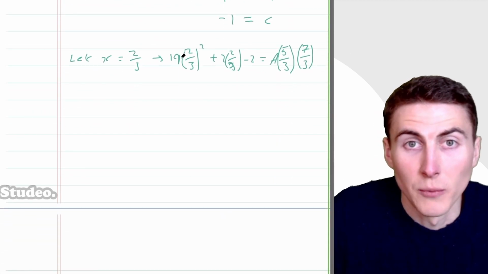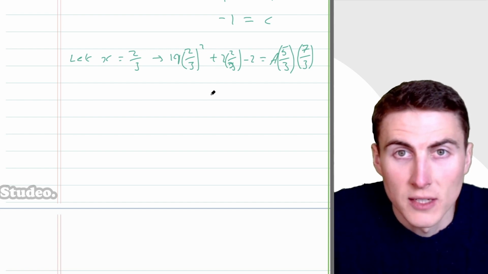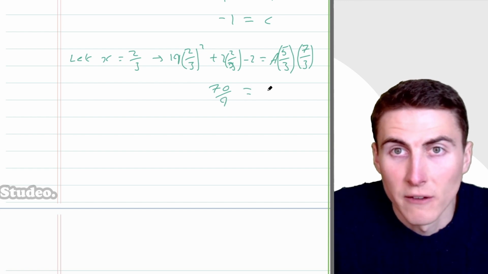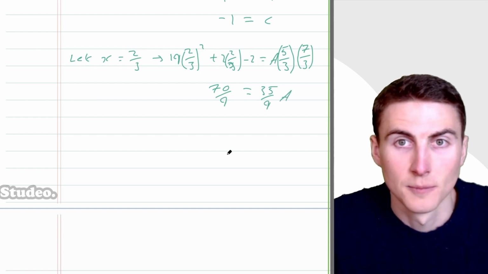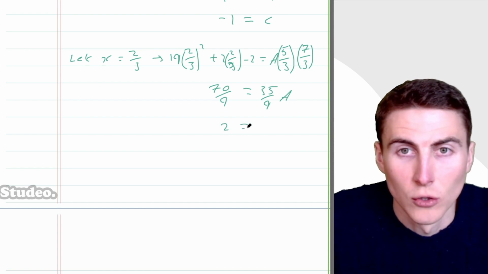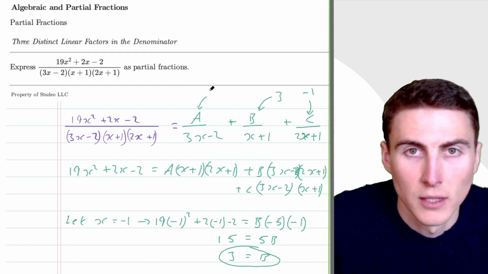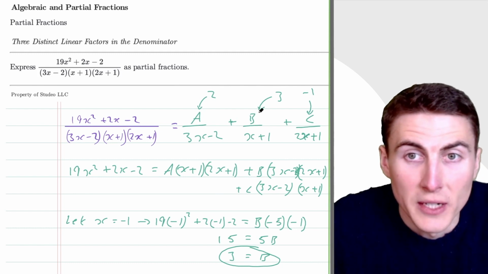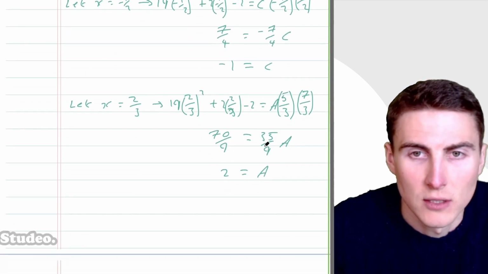So then we can just simplify this. This stuff on the left-hand side all simplifies down to 70 over 9. This stuff on the right is 35 over 9a. And so we divide both sides by this 35 over 9, and that tells us that 2 equals a. Yeah, so this a up here is 2. So now that we know that a is 2, b is 3, and c is minus 1, we can just plug all these in to this, and we'll have our answers.